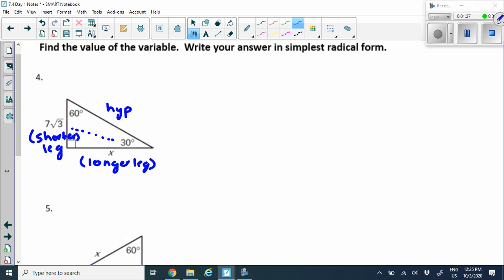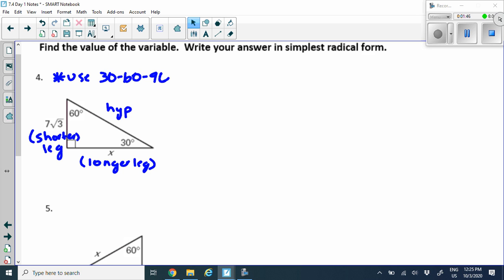Okay, now notice what our angles are. We have 30, 60, 90. So remember, when we do our similarity, we have to use the same triangle. So meaning we are going to use a 30, 60, 90 triangle to solve for our variable x, okay?